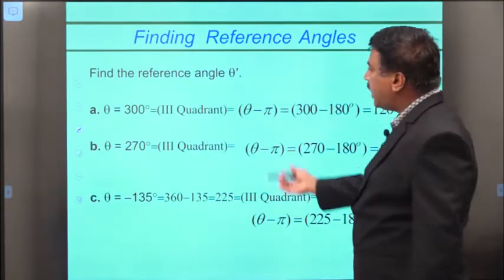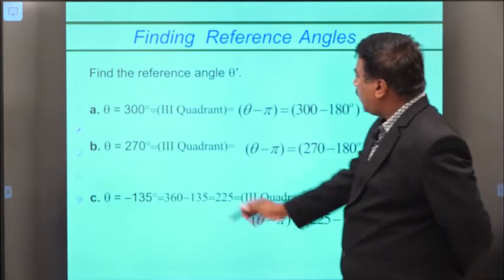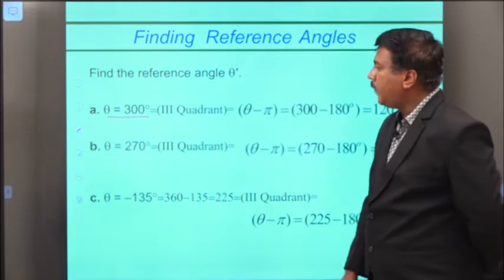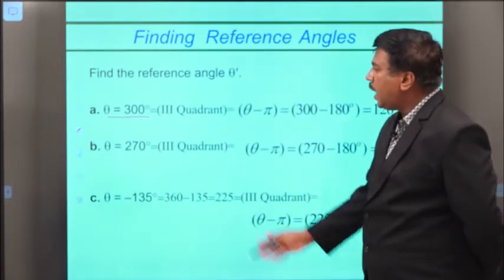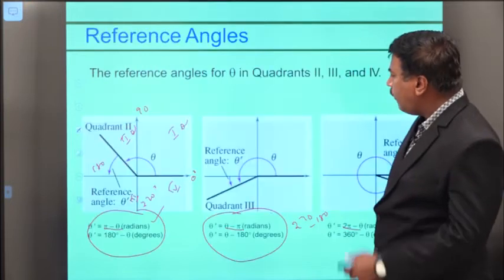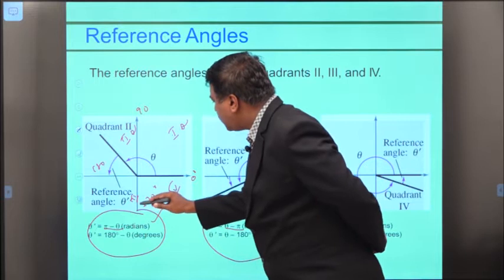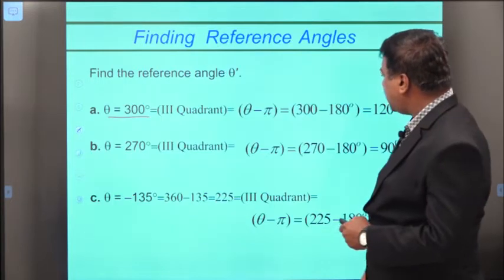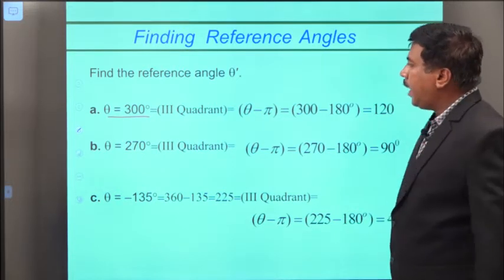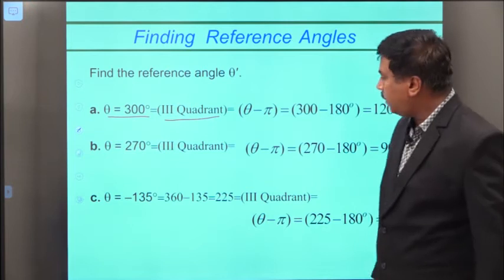Now, coming to the examples, whatever you have learned in the previous contents, please all of you say this. Find the reference angle. Here theta is equal to 300 degrees. 300 degrees lies beyond 270 degrees, so that is in the fourth quadrant of the coordinate plane.